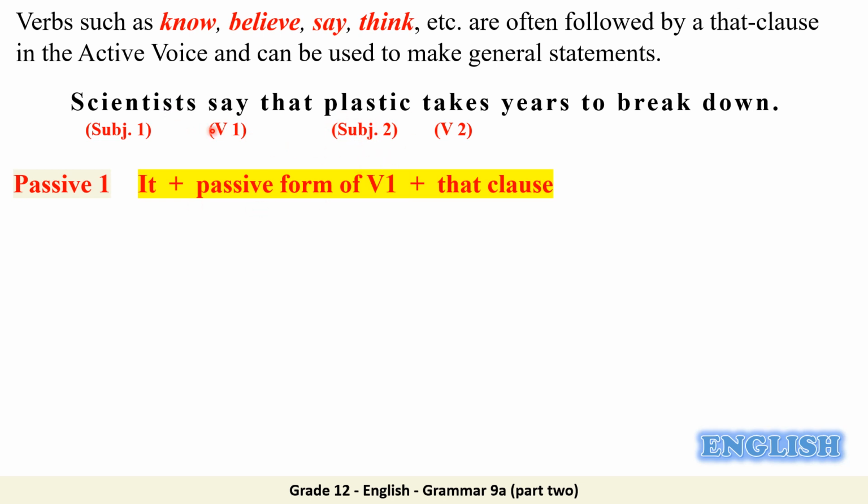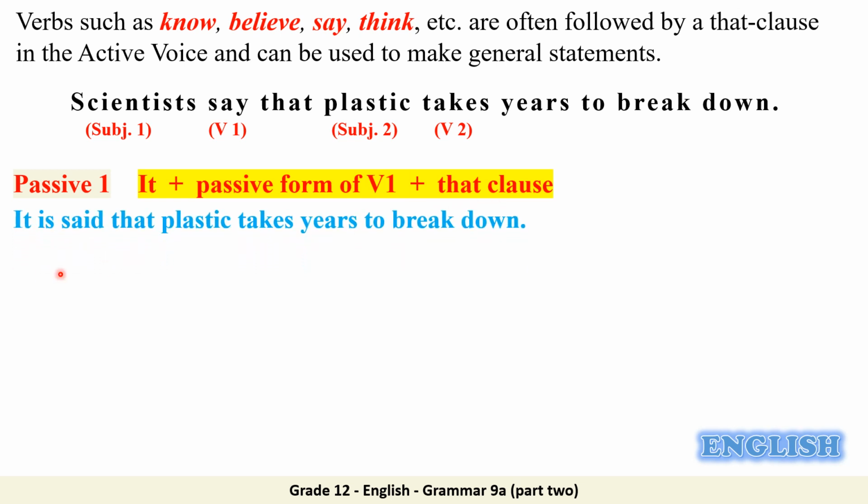Of course, of verb number 1, of know, believe, say, think, suppose. So no problem. It, the verb is present simple. Am, is, are. It is. The PP of say is said. So it is said. What's then? Write down the that clause. That's it. So it is said that plastic takes years to break down. Very easy. Okay.